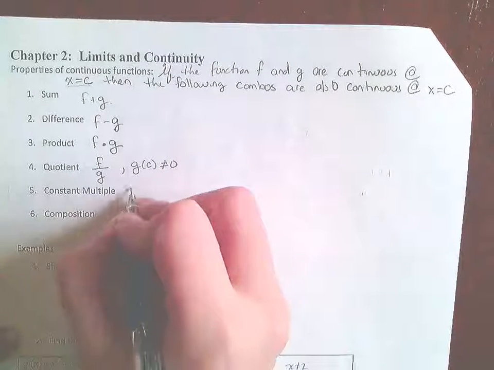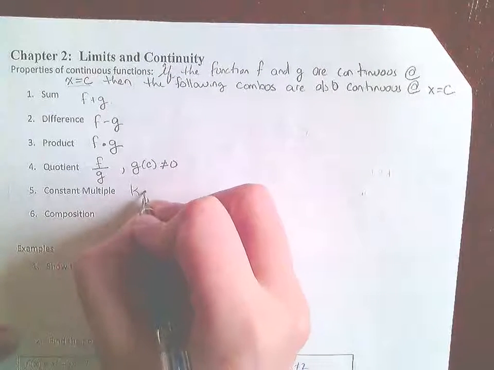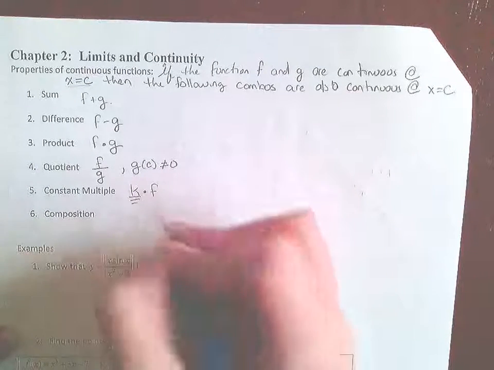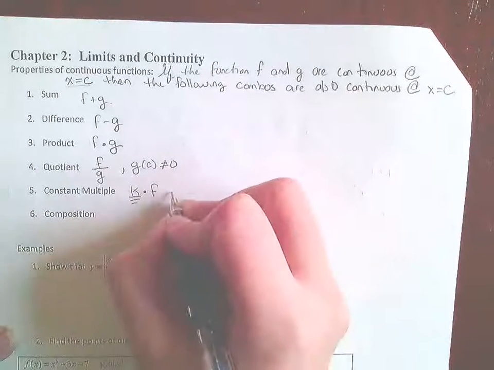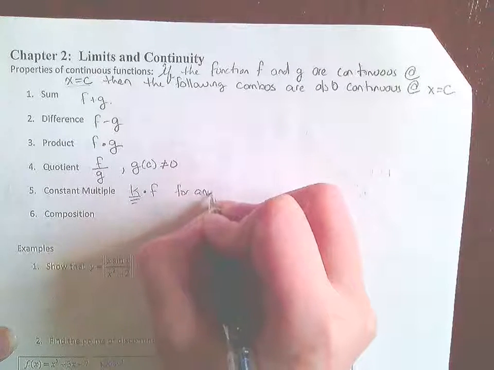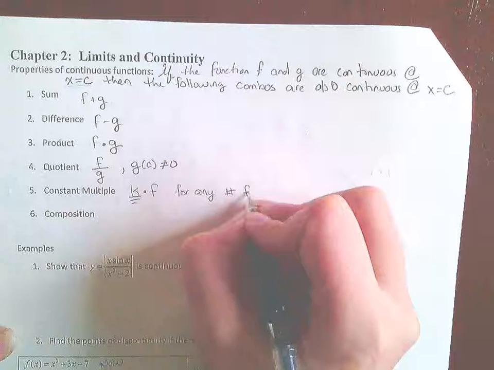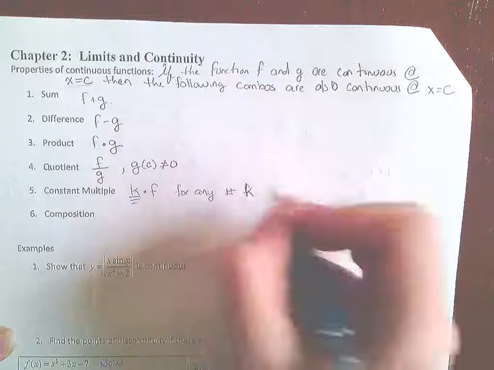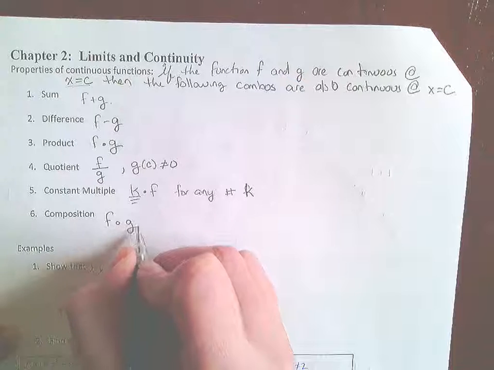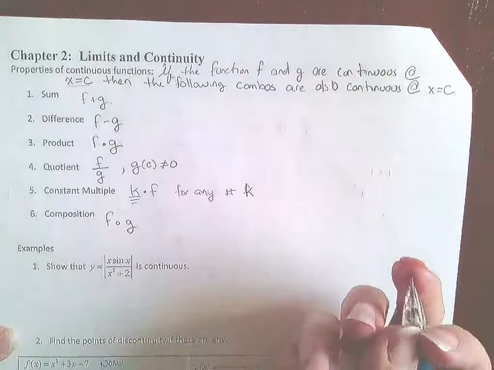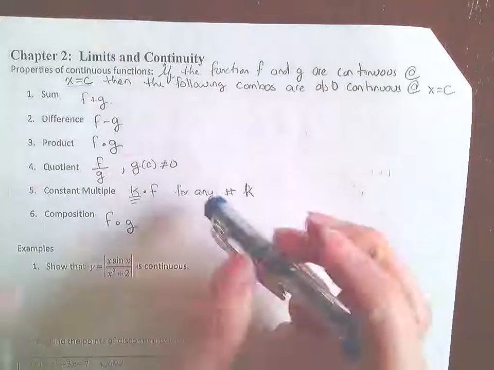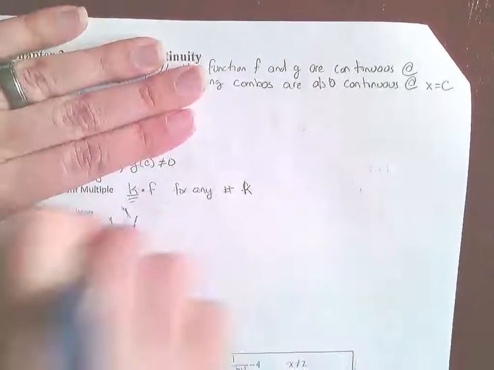Constant multiple, when you multiply the functions f or g by any number. So k times f for any number k. And then if you remember composition, f of g, alright, actually it has to be the other way around, I believe.